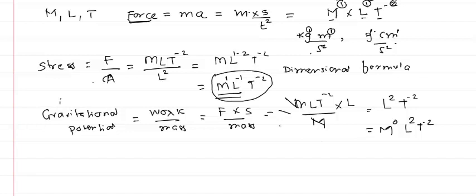Now when we study mechanics, these are the three fundamental units that we talk of: mass, length, and time. But when we start studying some other concepts like magnetism, electricity, electromagnetism, there are some other basic quantities which come into play, like angle theta, electric current I, and amount of substance, which is mole.